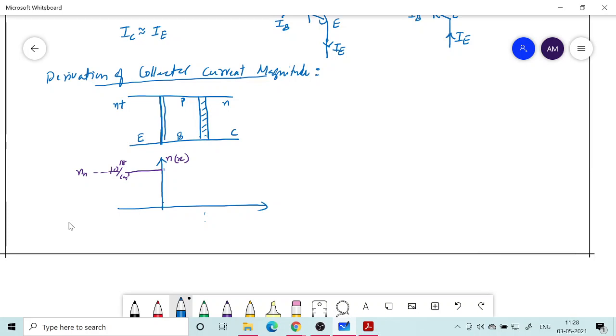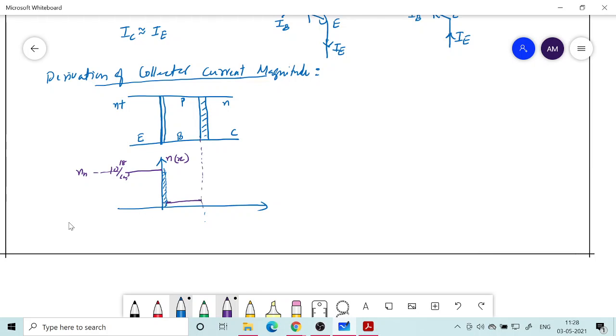In the depletion region, as you know, there are no free electrons or holes, which is why it is called the depletion region, because it is devoid of any carriers. But normally there is going to be a very small concentration in the base, because this is a p-type semiconductor.